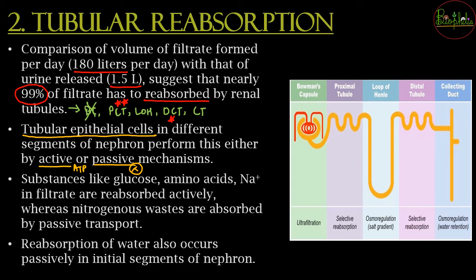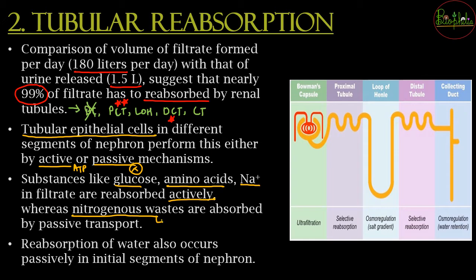So what goes through active reabsorption and what goes through passive? Substances like glucose, amino acids, ammonium and sodium ions are actively absorbed, whereas nitrogenous waste is passively transported.